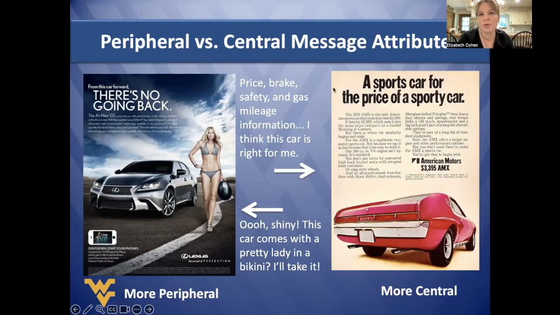But how many of you, if you were flipping through a magazine, would even stop to read this? Probably few of you. This one, you don't even have to read to know what's going on. And the font's really small. I think they know that you're not going to read it, because what you need to see is right here: sexy bikini lady with a sexy Lexus.